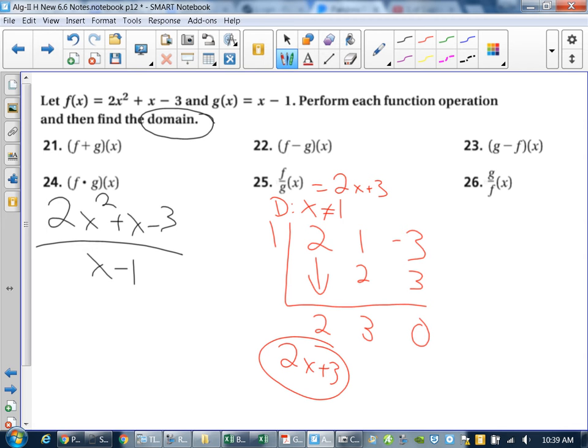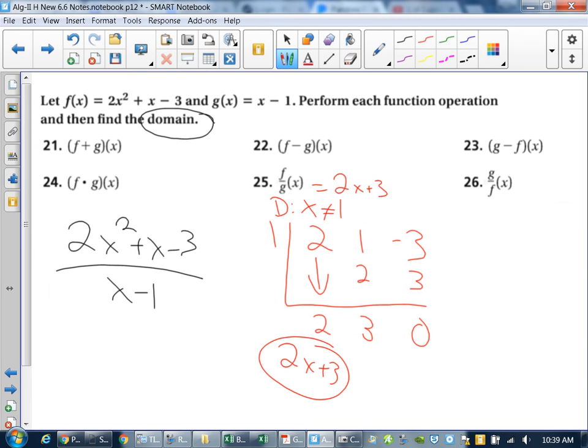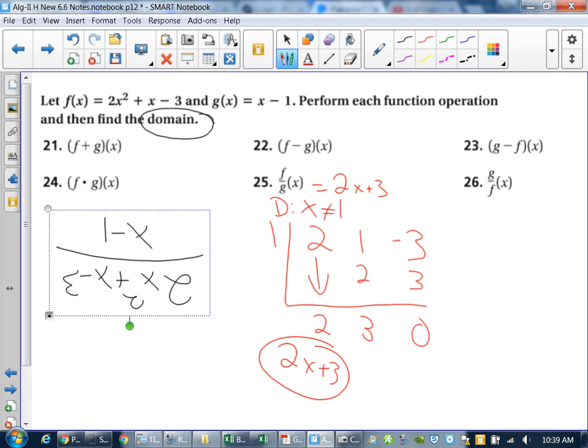Now, if I look at 26, 26 is the opposite. 26 is taking this problem and dividing it the other direction. Thank you. You're here all week. 26 has you doing this.